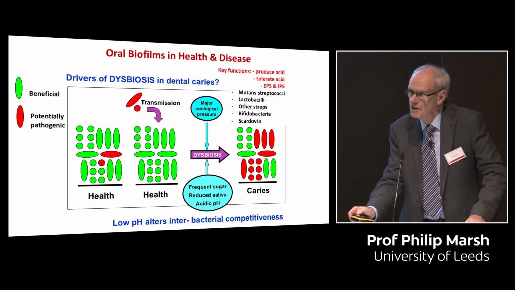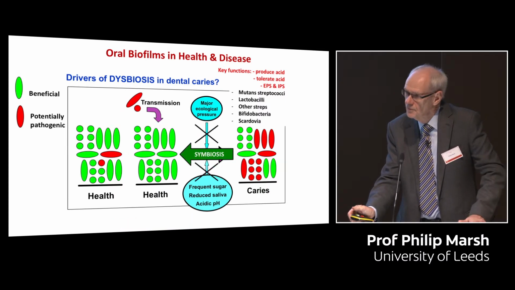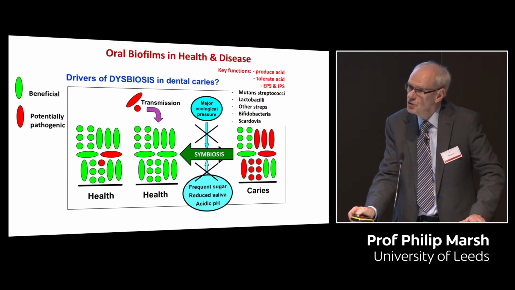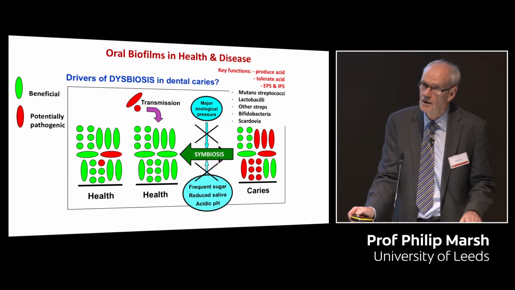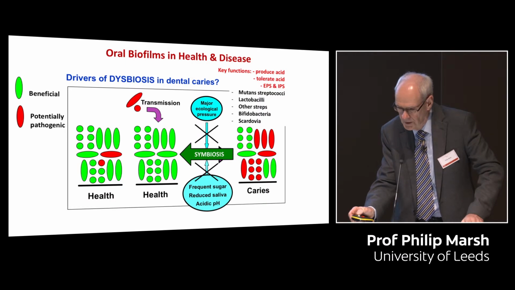And the key functions are making acid, tolerating acid, and producing various polysaccharides. So if we want to prevent caries from continuing to happen, we have to identify what the pressure is in that patient and interfere with those driving factors. Then we can try and push the system back towards a symbiotic relationship and prevent further episodes of dysbiosis.